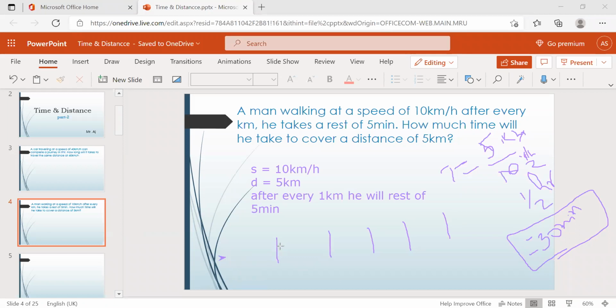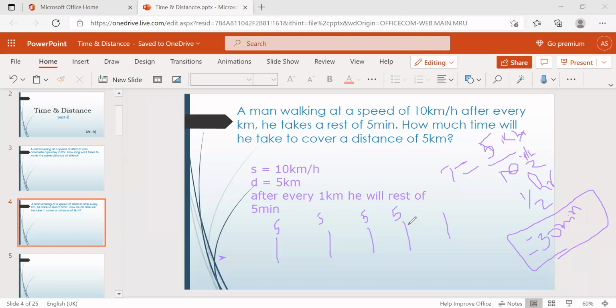From here, the first kilometer, second, third, fourth, fifth. Now, after every kilometer, he'll take 5 minutes rest. So from here to here, he reached 1 kilometer, 5 minutes rest. And here to here, he'll reach 2 kilometers and 5 minutes is rest. And here 5 minutes is rest. And here 5 minutes is rest.